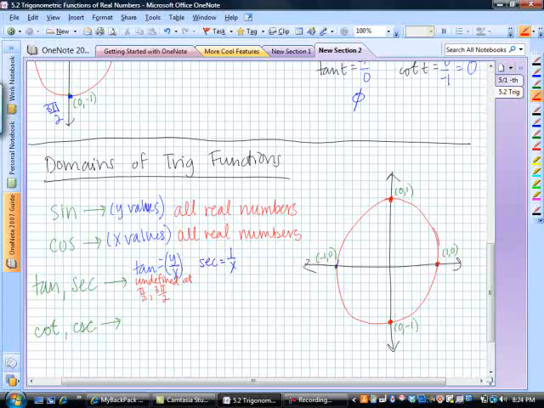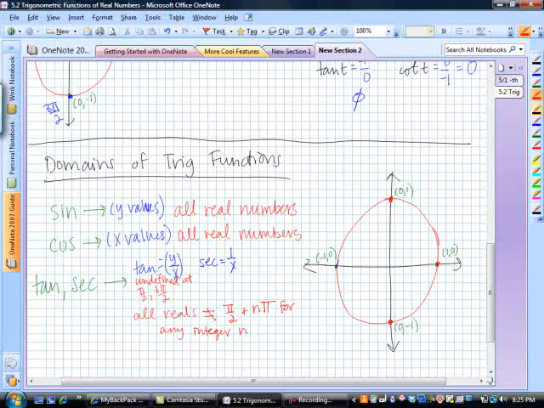So the way we write this is that for tangent and secant, their domain is all reals not equal to pi over 2, which is 90 degrees, plus n pi for any integer n.